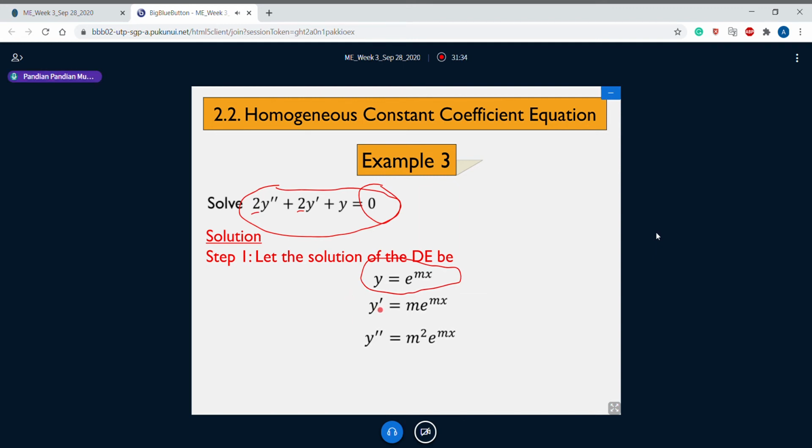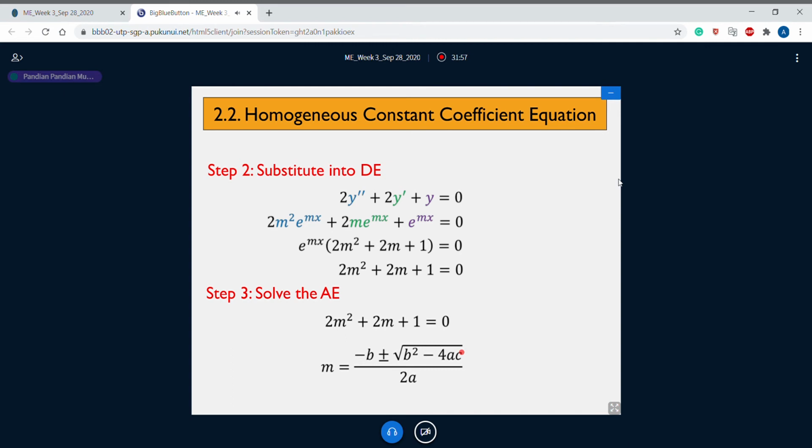You differentiate two times: y' = m e^(mx), y'' = m² e^(mx). Take all this and plug it into y'', y' and y, then try to factorize and find the auxiliary equation. So 2y'' + 2y' + y = 0.